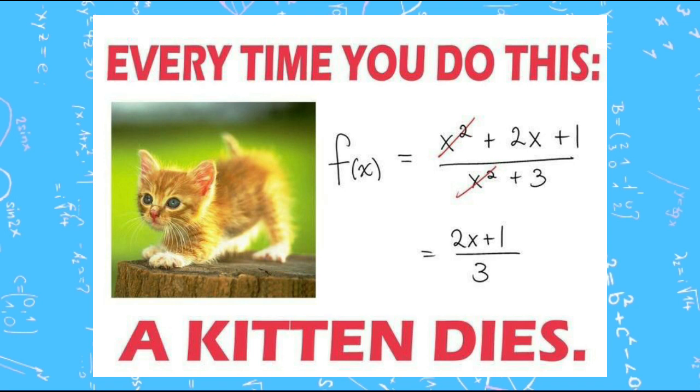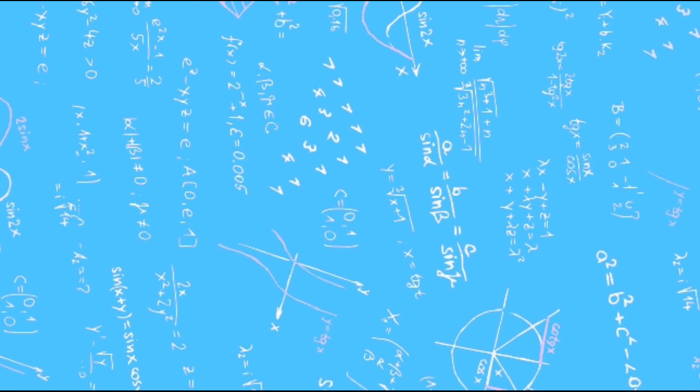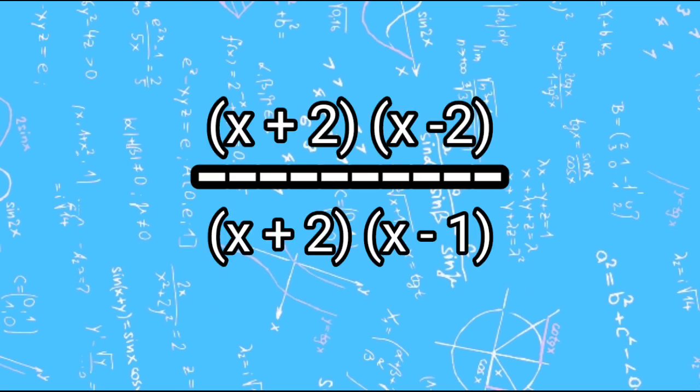The canceling method can only be applied if the terms in the denominator and the numerator are separated by the multiplication operation, not by subtraction or addition. For example, x plus 2 times x minus 2 over x plus 2 times x minus 1.